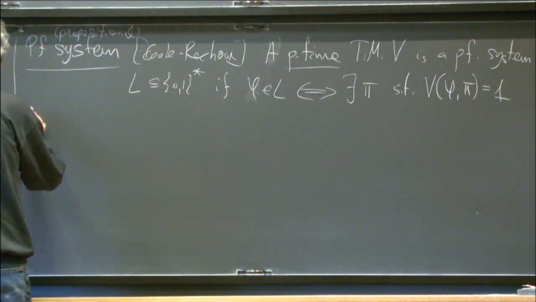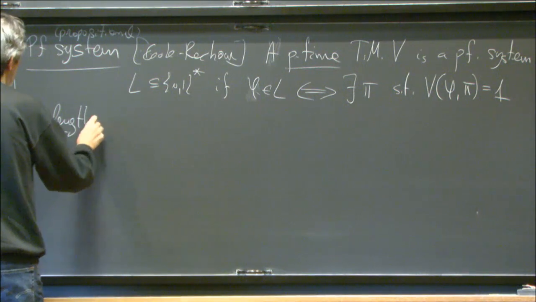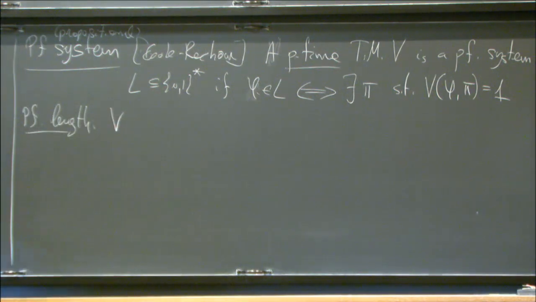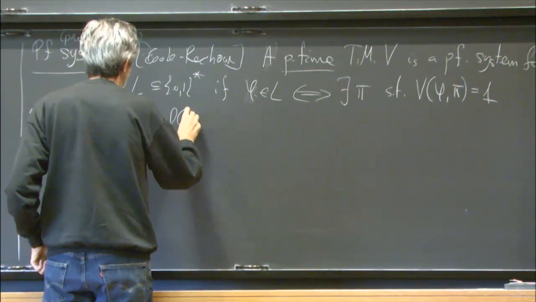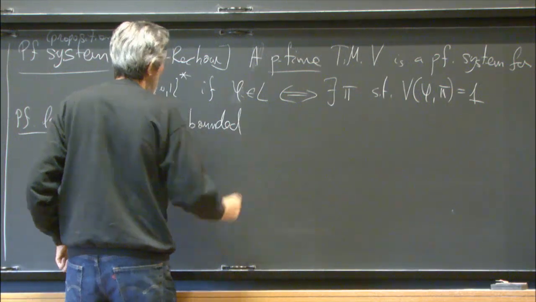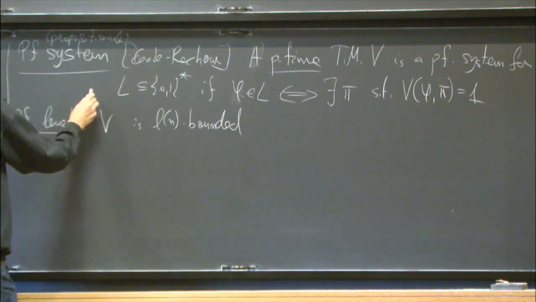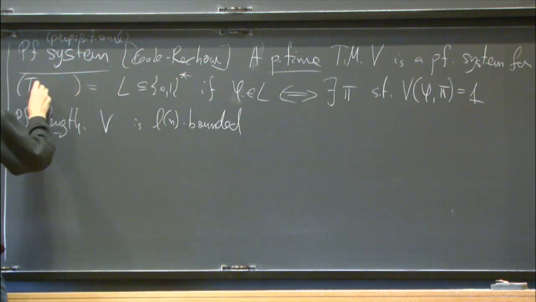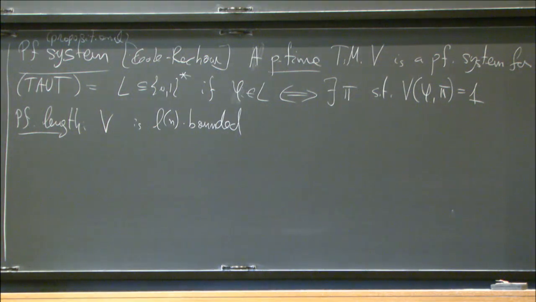So, proof length. A proof system V here is L of n bounded, and L for us will be the propositional tautologies or propositional contradictions, even though this definition is general.